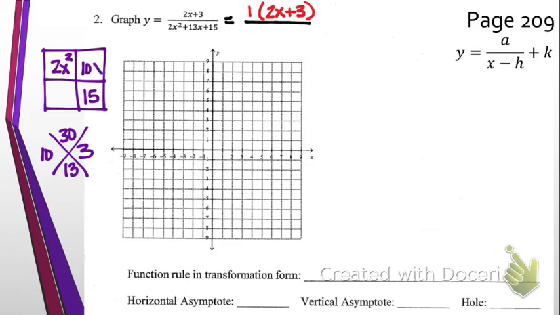So you have your 10x and your 3x. Go ahead and factor. And it factors down to 2x plus 3 and x plus 5.